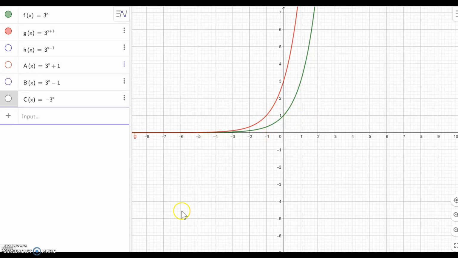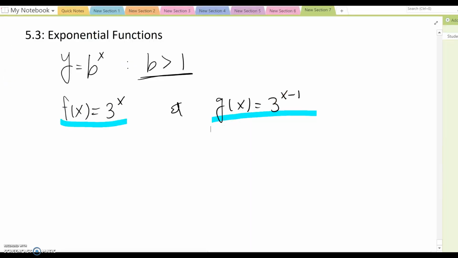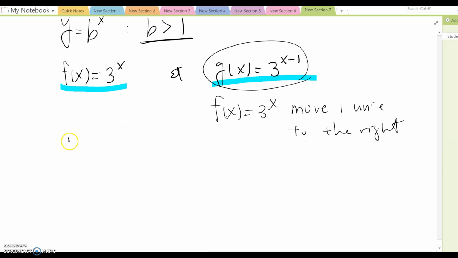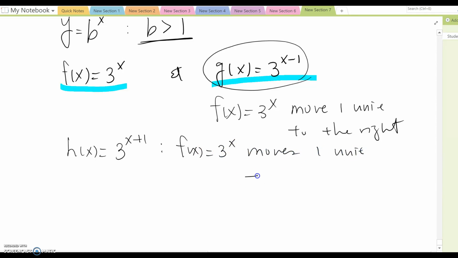So based on this fact, now we can organize these functions. We can say f(x) equals 3 to the x moves 1 unit to the right for 3 to the x minus 1. And similarly, if h(x) equals 3 to the x plus 1, then 3 to the x moves 1 unit to the left.